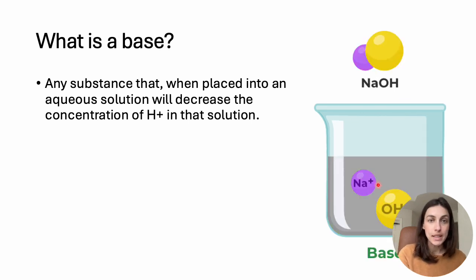And a base is the opposite of that: a substance that, when placed in water, decreases the amount of free-floating protons or hydrogen ions in the solution. One way that it can do that is in this example, we again have a sodium ion and this other ion called hydroxide, OH minus.